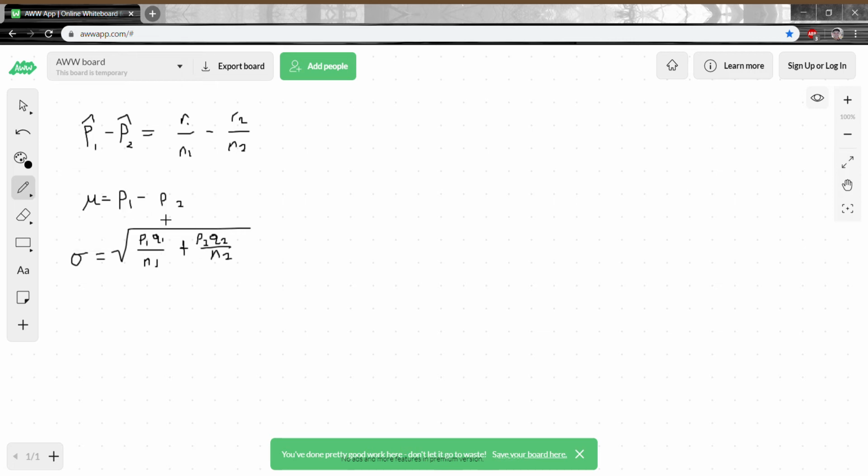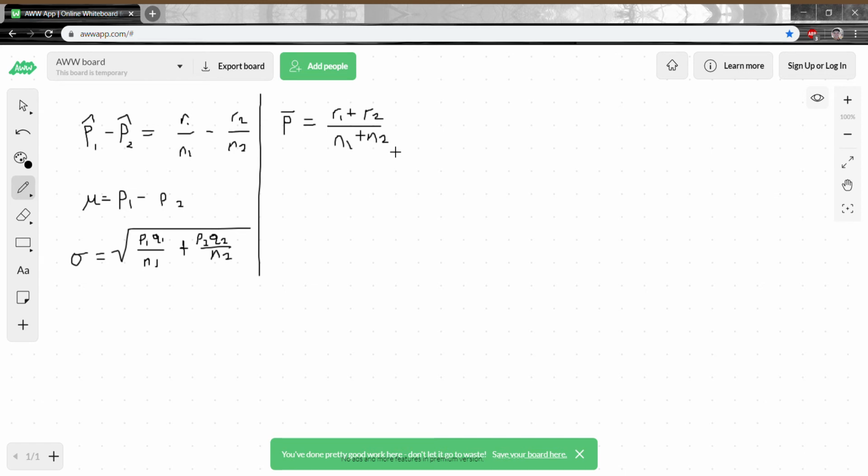Now, a new variable that we're going to learn is, let's draw a dividing line, P bar, which stands for the pooled estimate of proportion. It's written like this, and it's going to be equal to R1 plus R2 over N1 plus N2.